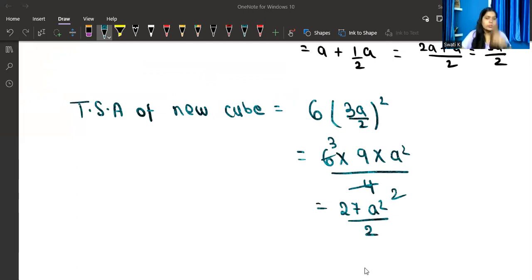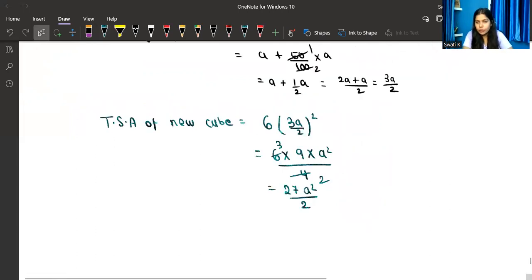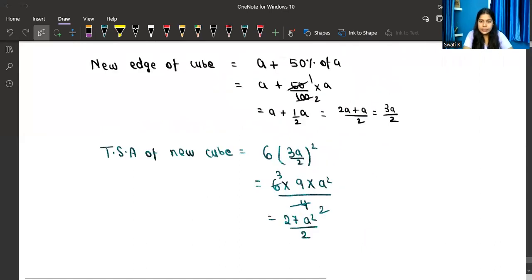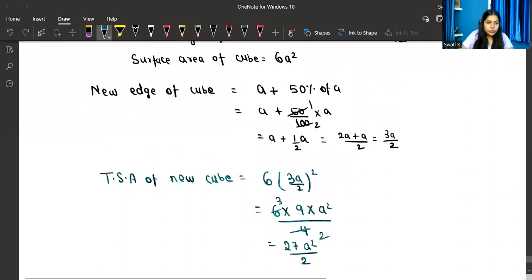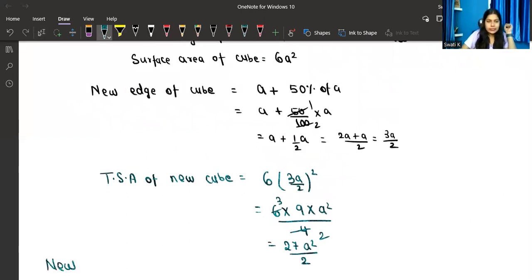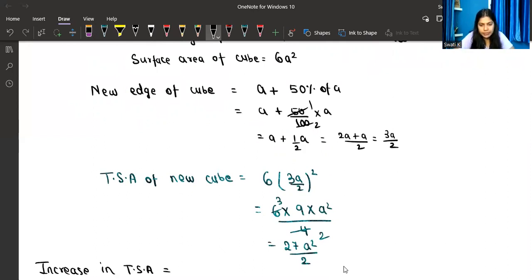Now, this is the new total surface area and that was the old total surface area, which we had got as 6A square, right? So the increase in the total surface area of a cube will be the new surface area, that is 27A square over 2, minus the old surface area, that is 6A square.